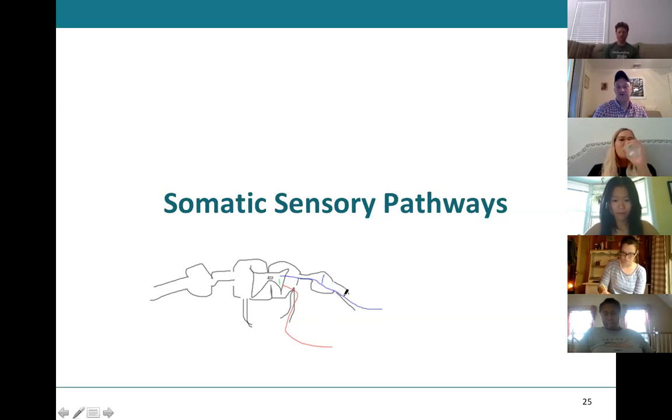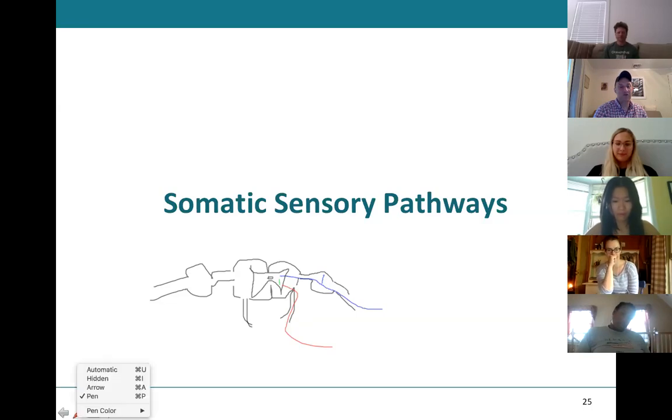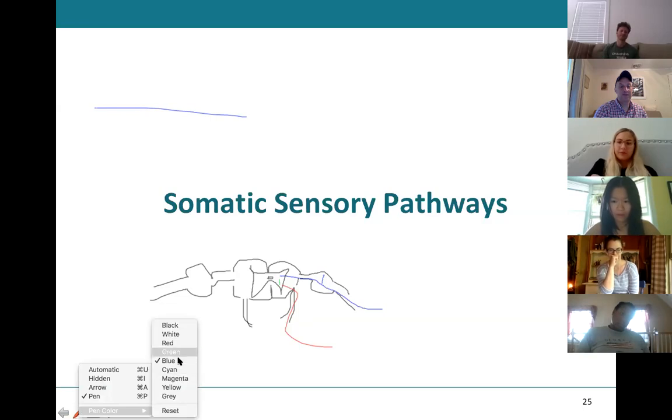Primary, so it's still our first order neuron, but here's an interneuron. Even though an interneuron is a second order neuron, it's part of a reflex arc that now directly activates the motor output. So this is distinctly different than this cartoon that I drew at the beginning of class.